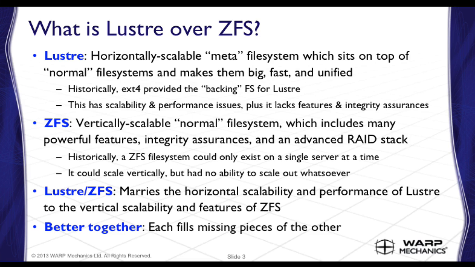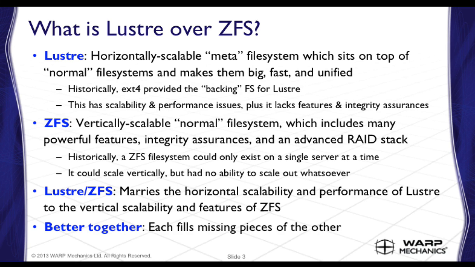The issue with that is that each individual ext4 would be limited in terms of its scalability and performance, and ext4 doesn't really have a lot in the way of features. It doesn't have anything at all in the way of integrity assurances. So ZFS, historically, has been a vertically scalable normal file system. In other words, the type of file system that Lustre could use as a backing file system.